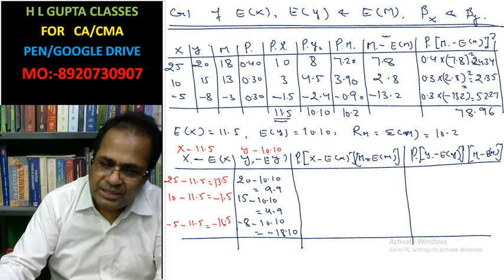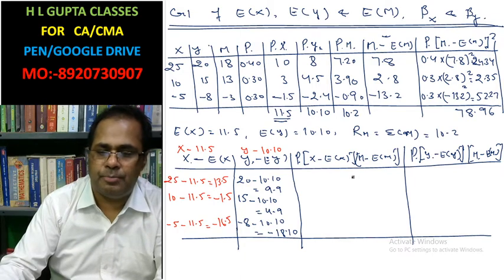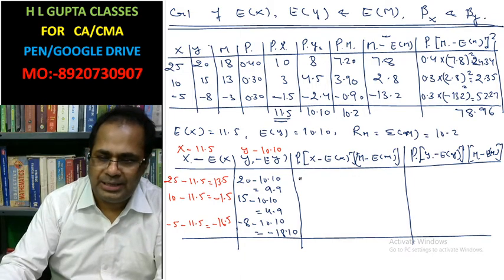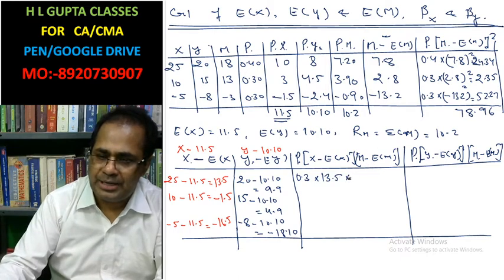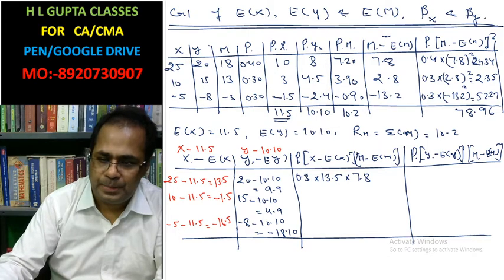Okay, after this you have to calculate. Then what is pi? Pi is 0.3 x minus x bar, that is 13.5, m minus m bar, that is 7.8. In this case 0.3, this is a probability 0.4.